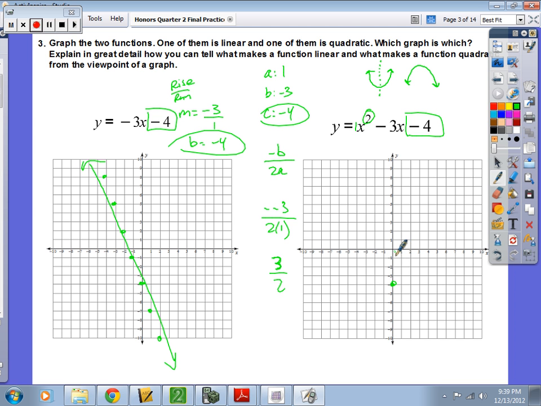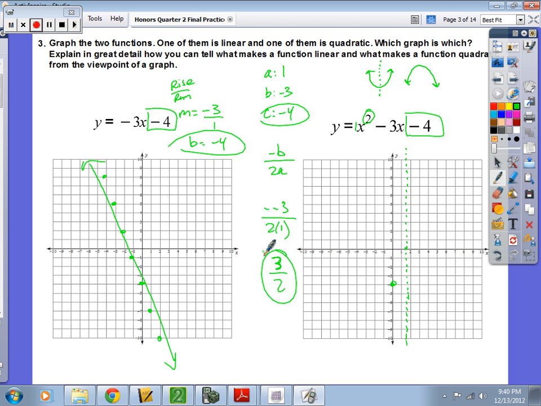So I'm going to go over somewhere right here, somewhere between 1 and 2, and I am going to draw my line of symmetry. On the final, I'll give you a friendly one. That's going to be an integer, not a rational. So there's my line of symmetry.